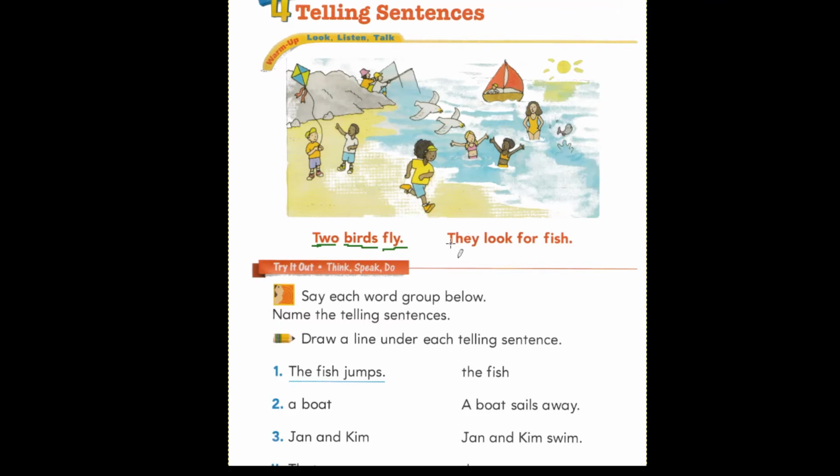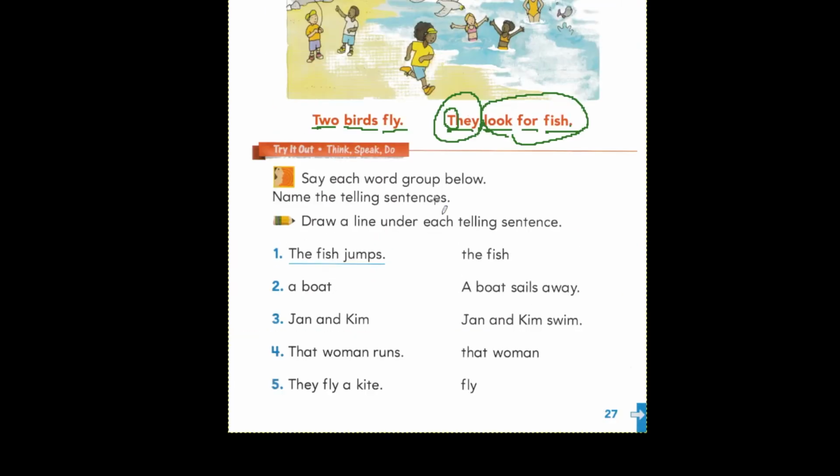Let's look at the other sentence right here, our other example. They look for fish. So here's our naming part, they, and here's our action part, look for fish. And as you could see, it starts with an uppercase T, and it ends with a period right there. Very simple telling sentence. So let's go down here. Now, this says, say each word group below.